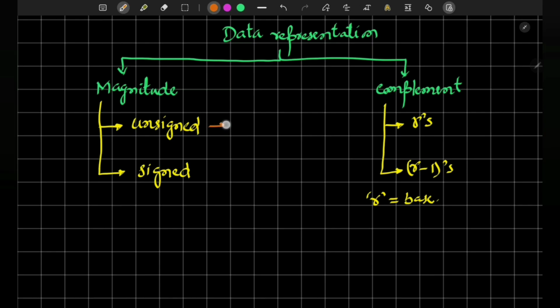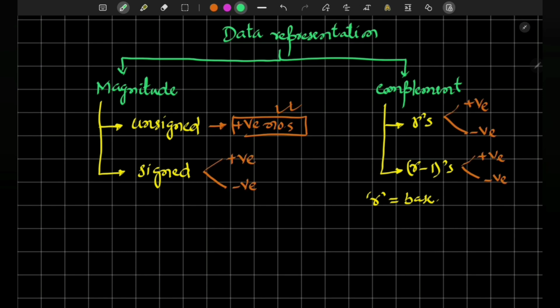In magnitude unsigned representation, we can represent only positive numbers, and this is something we have already done. In all other data representation methods, we can represent both positive and negative numbers, but it must be noted that the complement methods, that is R's complement and R minus 1's complement, are fundamentally used to represent negative numbers.